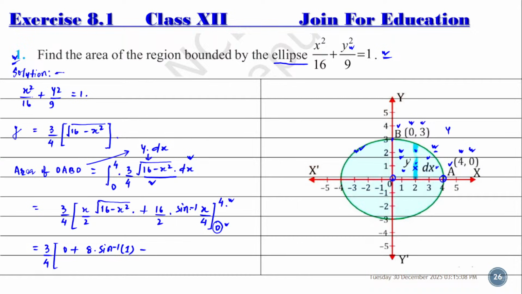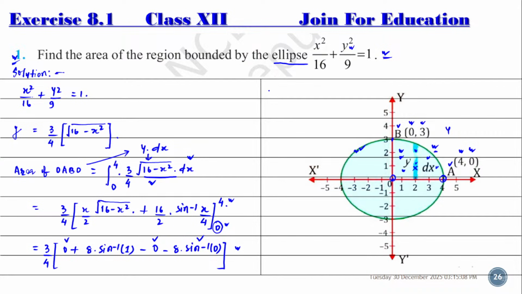So here will be 0 minus 8 into sine inverse 0. There is no problem to understand up to this step. So this term will be 0, this is 0, this is 0, then we have only this one.